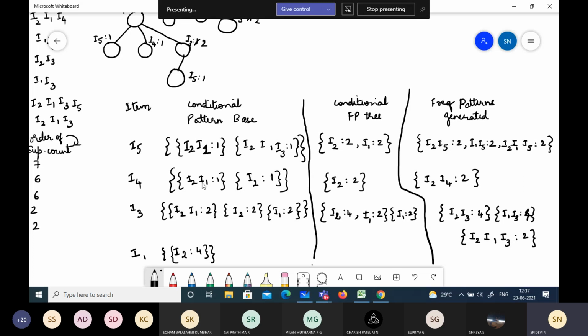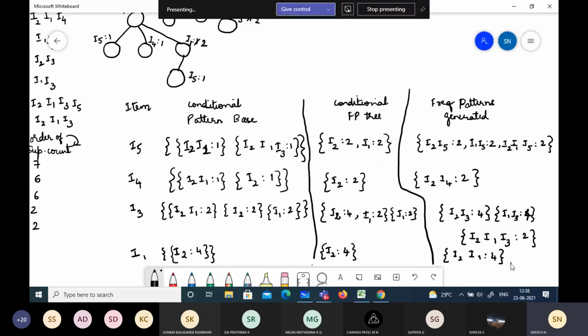So here right side immediately will not consider that. So we will have I2 4 because we need to find out frequent item set. So we will just find out how we can reach I1 through I2 with the support count 4. Then we will have I2 join operation. I2, I1, 4.